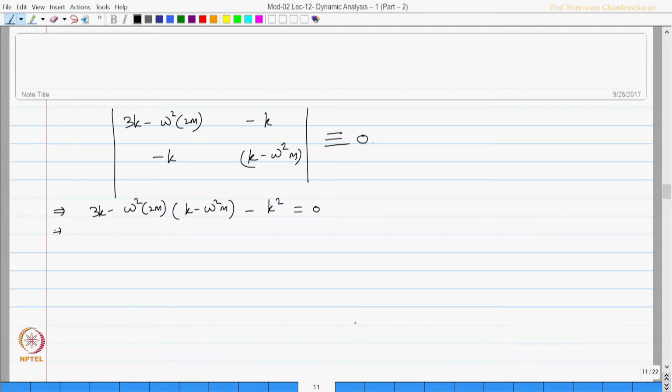Again expanding, 3 k square minus 3 m k omega square minus 2 omega square m k plus 2 omega 4 m square minus k square is 0.